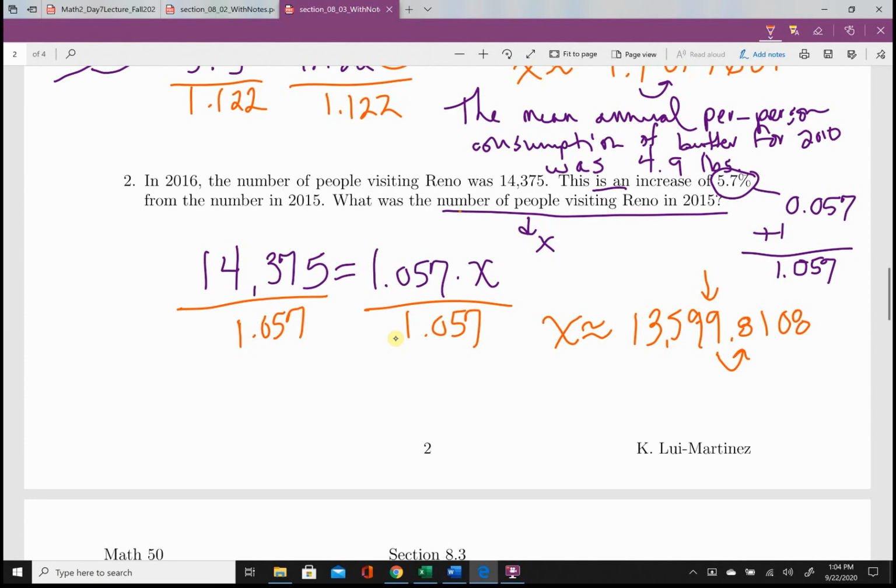And so we're going to have to carry that over to the 5. And that's where we can stop. So the value rounded to the nearest whole number is going to be 13,600. So 13,600 people visit Reno in 2015.